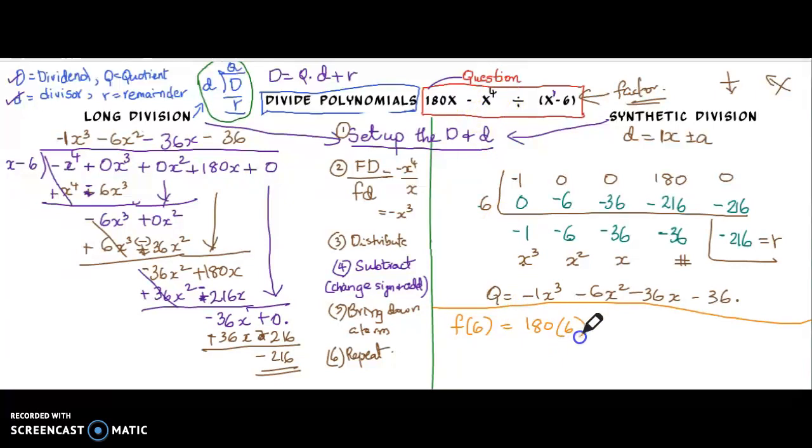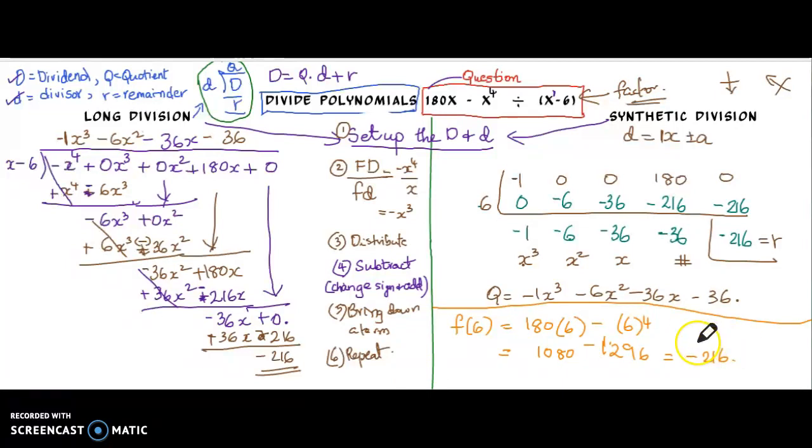So 180 times 6 minus 6 to the 4th power. When you do that, what you get is 1080 when you multiply that, minus 1296. You can use your calculator. So when you subtract them, you get negative 216.